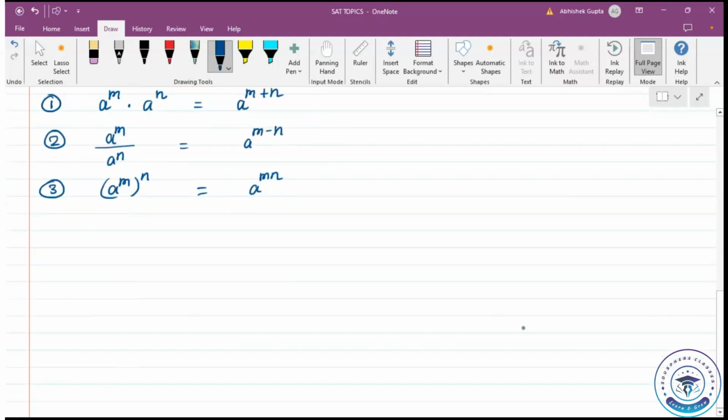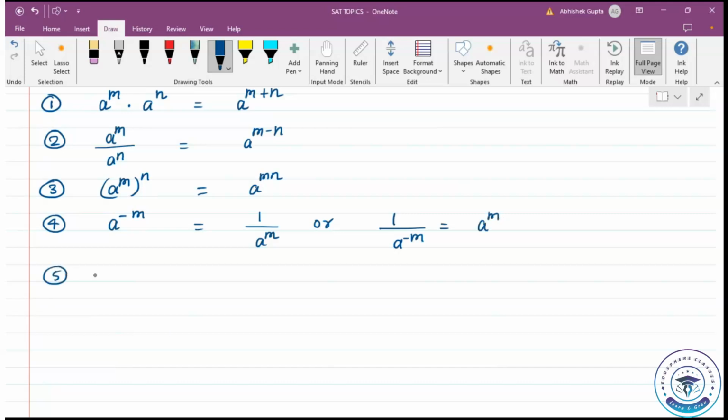Then we have a to the power negative m, which can be written as 1 over a exponent m, or in reverse, 1 over a exponent negative m can be written as a exponent m.